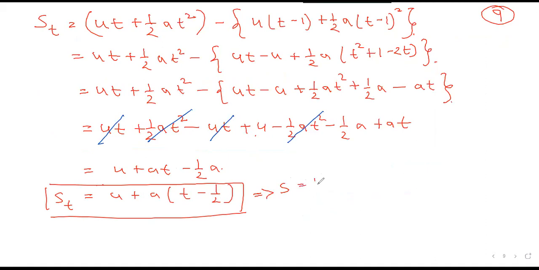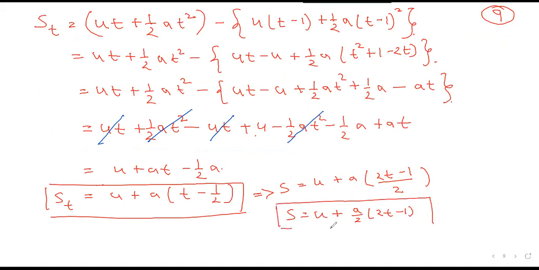S equal to u plus a, take 2 LCM, 2t minus 1. इस 2 को इधर भेज दो. So S equal to 1 upon 2 a upon 2 (2t minus 1). May I? Yes, sir. Anyone having the doubt?